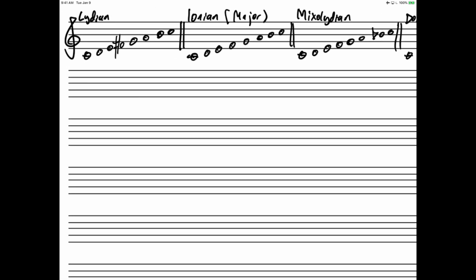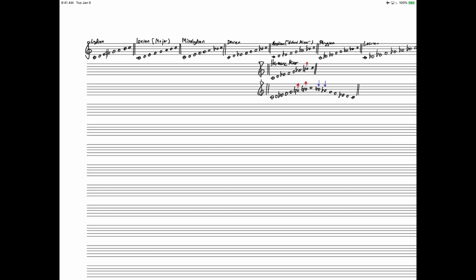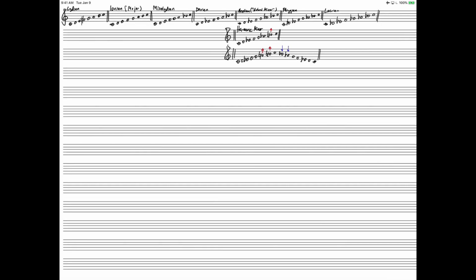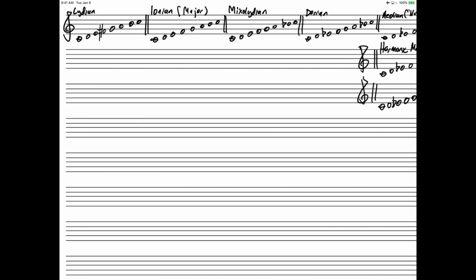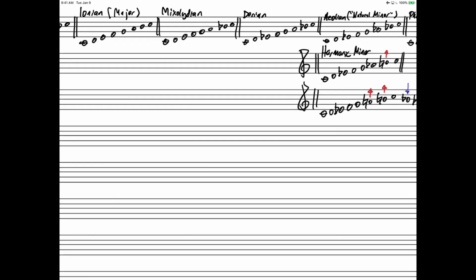We discovered these modes, which I've arranged here in a sequence of lowered notes, starting with the most raised notes and then going to the most lowered notes as a spectrum from left to right, starting with Lydian, Ionian, Mixolydian, Dorian, then Aeolian.